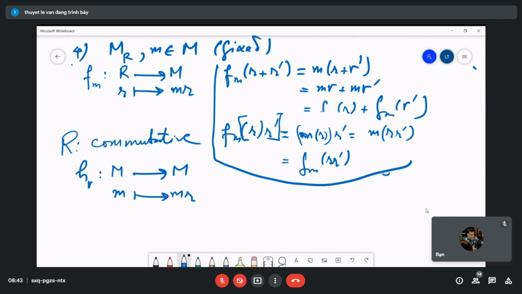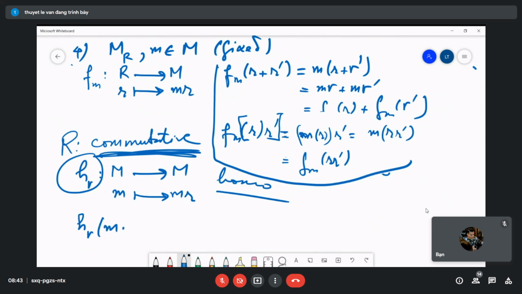If you want H_R to be homomorphic, you should assume R is commutative. You write H_R(M plus M prime), that is easy: it is equal to MR plus M prime R, which is equal to H_R(M) plus H_R(M prime), that is easy. However, the commutativity is needed here.